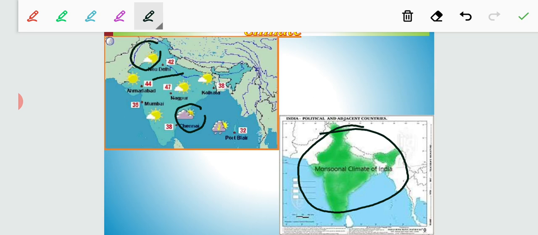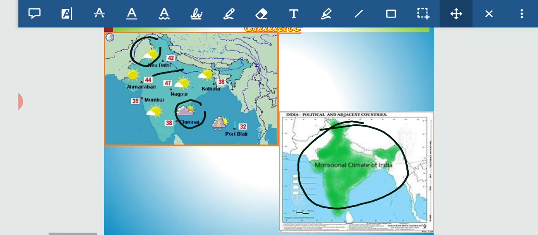So there are variations, but here it is only one single part, that is monsoon. So here we will get those two terms very clear: the variations are there in weather, but there are no variations for the climate, because it is an average and it is a dominance of one single element.